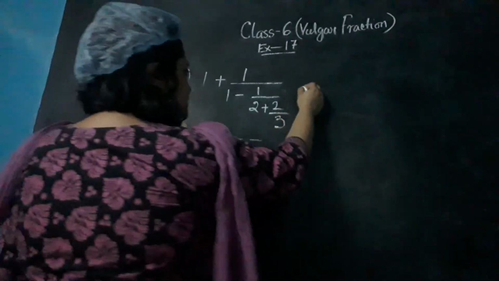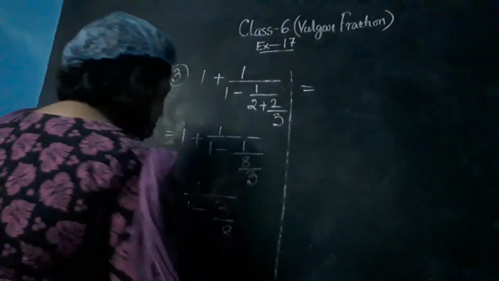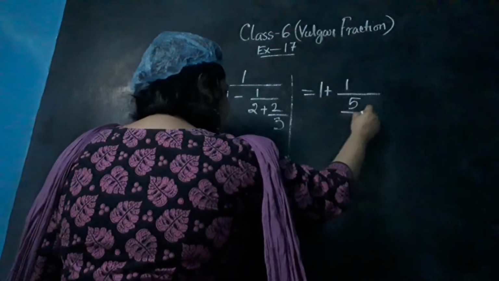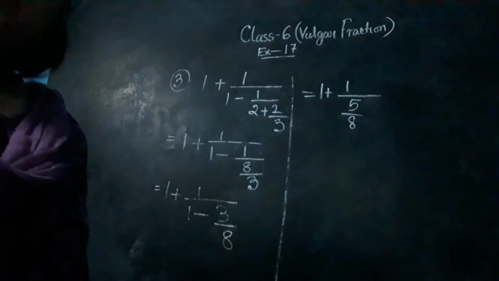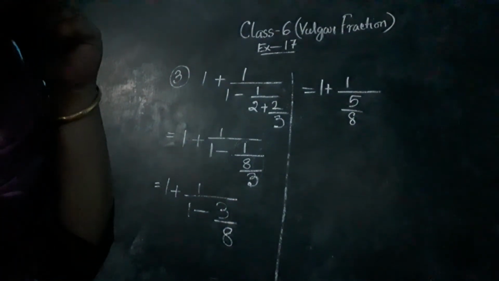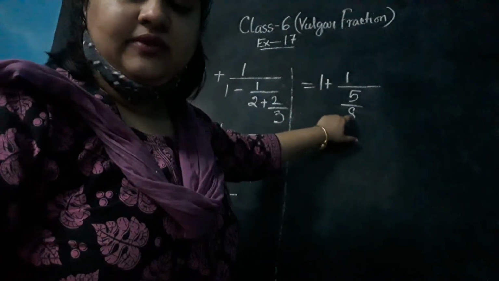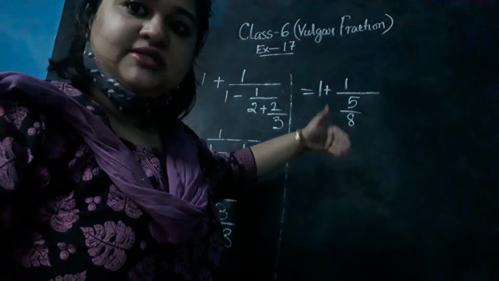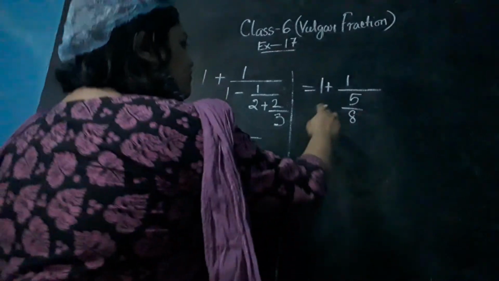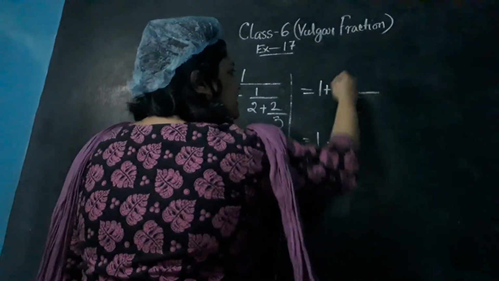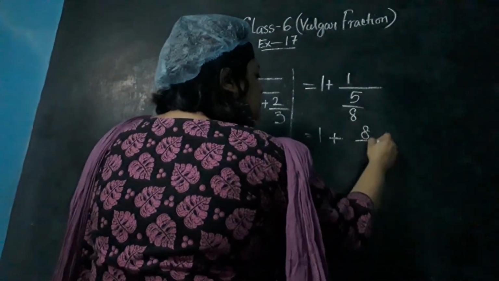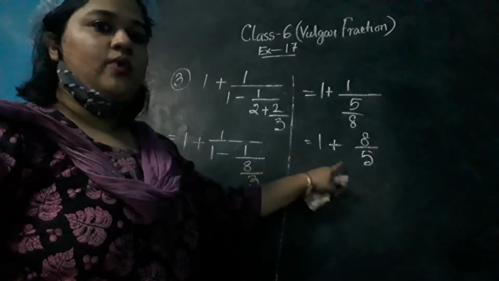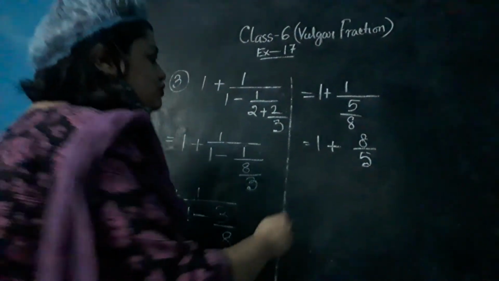So the next step I am mentioning over here: 1 plus 1 by 5 by 8. Now again you got 1 by anything. 1 by any fractional number means just the reciprocal. So instead of 5 by 8, this entire thing you can write as 8 by 5. So at the end what you have is only 1 plus 8 by 5. So you can solve it.